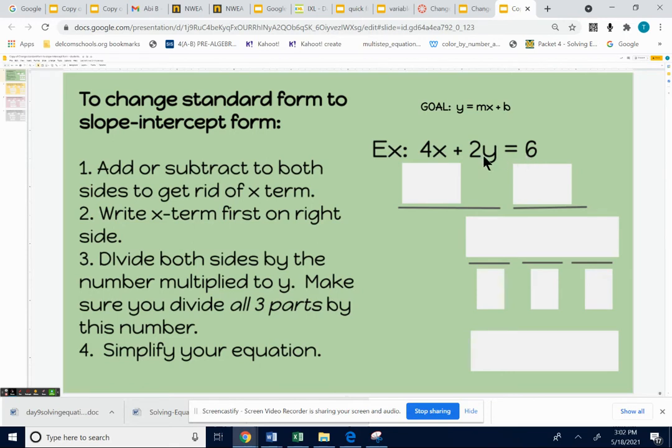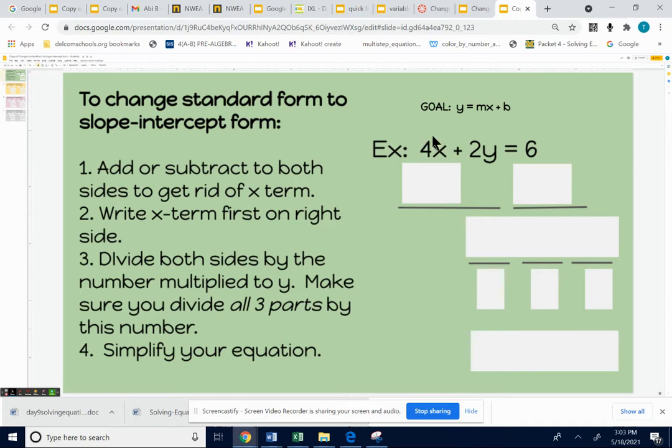I want to get y alone, and this is going to look really funky at first. But think of it this way. The 2 is multiplied to y, and instead of having a number added to y, we have a term with an x in it. It doesn't matter. We can still get rid of it.